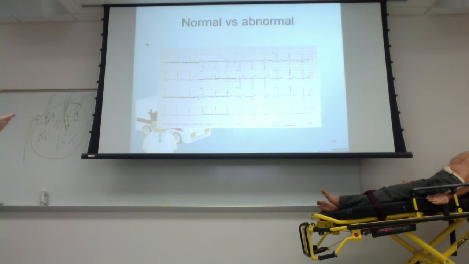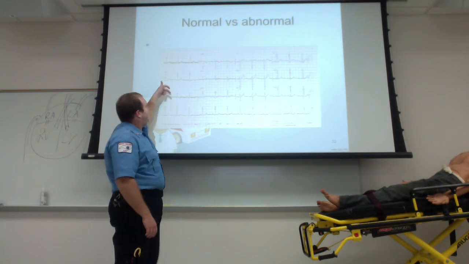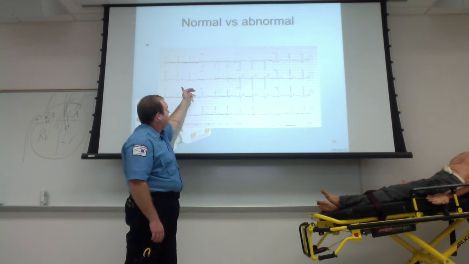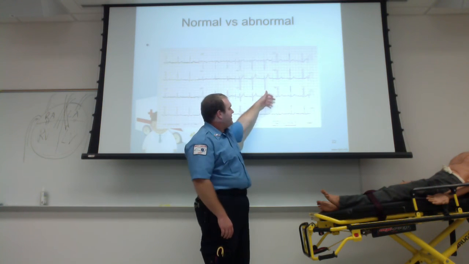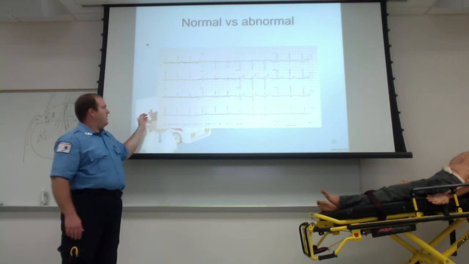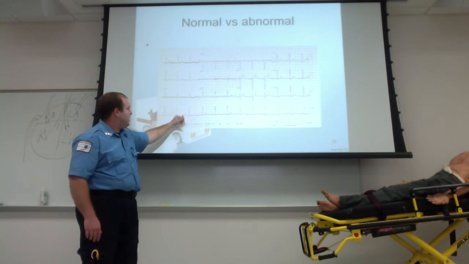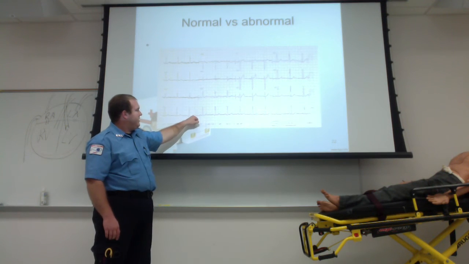So again, here's your normal 12 lead. If you're looking at your views, you have I, II, III, aVR, aVL, aVF, V1, V2, V3, V4, V5, V6, and then across the bottom, a continuous running of lead II. If we look across it, you've got a P wave, QRS, and then your T wave at the end.